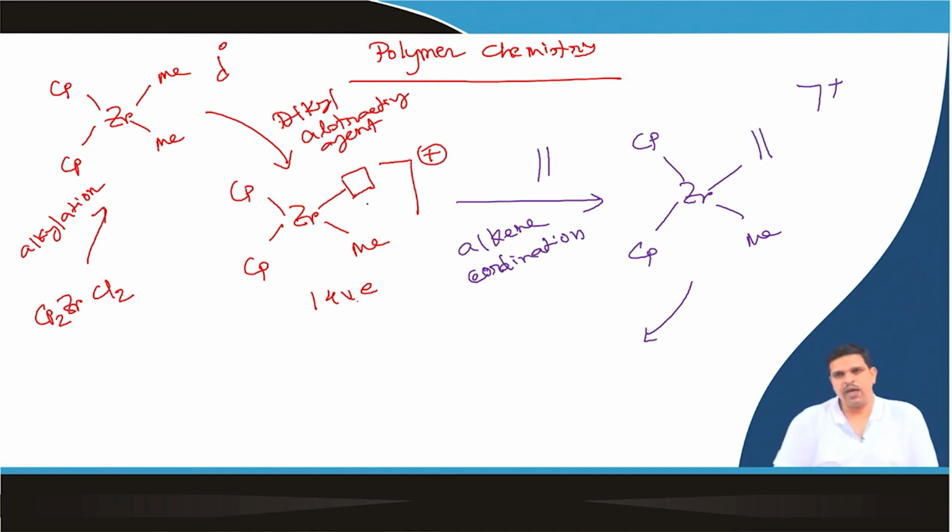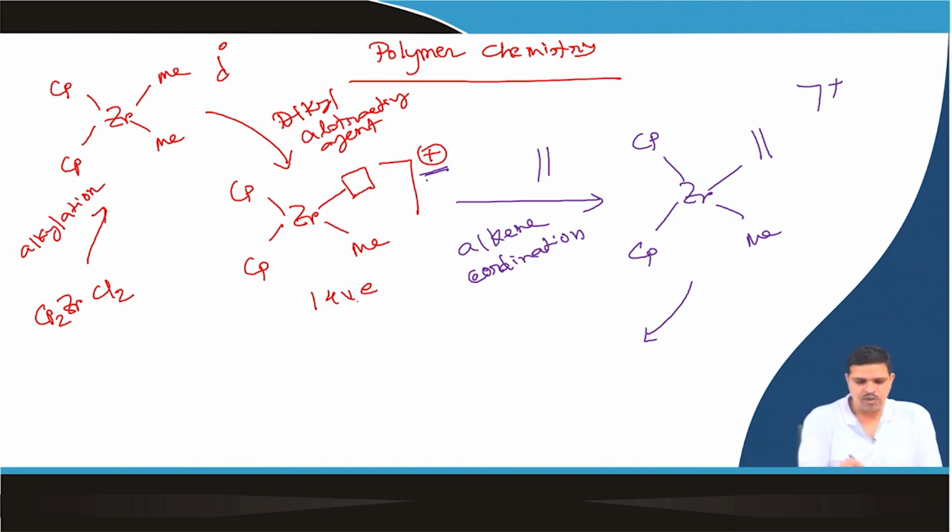So this is important, and another important point, so it's a dual role, is that we are putting the cationic charge here. So that means the alkene can coordinate more easily. So the feasibility of the alkene coordination will be more if we make the cationic complexes.